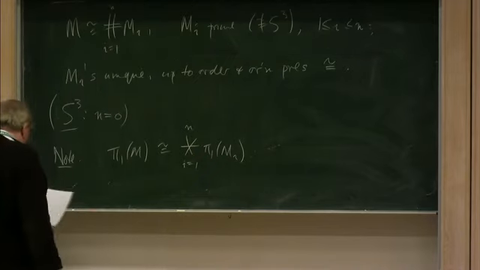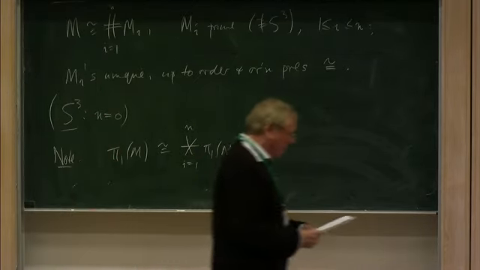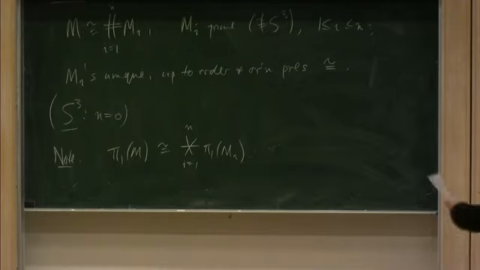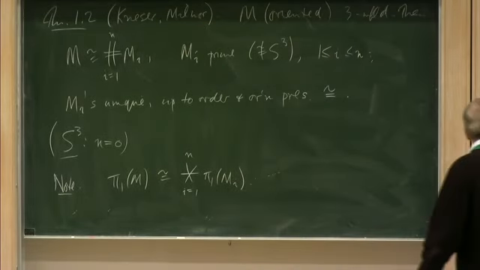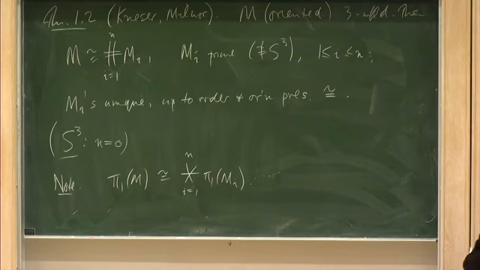Okay, there's a nice sort of, well, I don't know, not quite converse to this, but okay. So let me just state it. So there's a theorem. This is the Kneser conjecture.